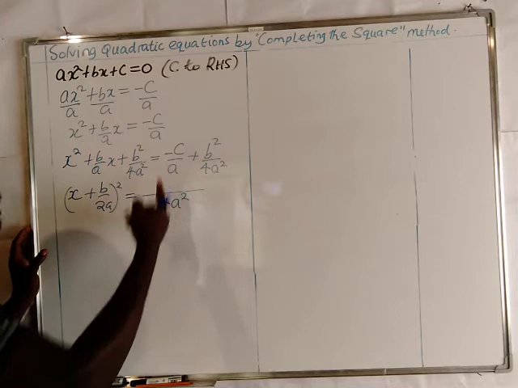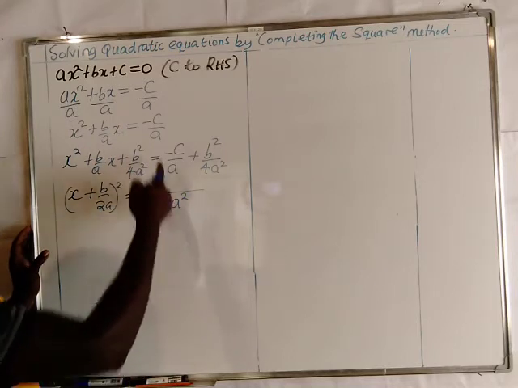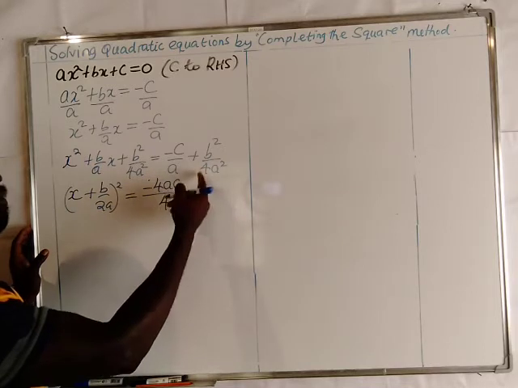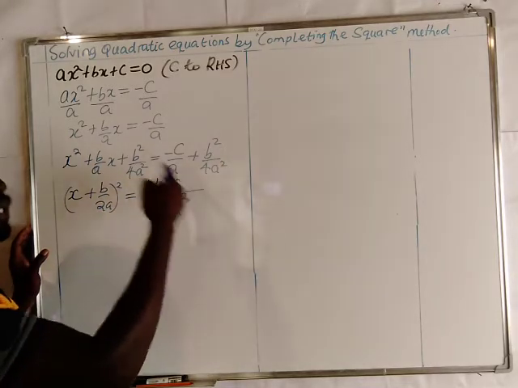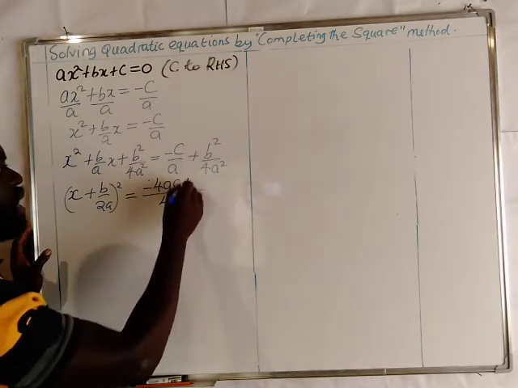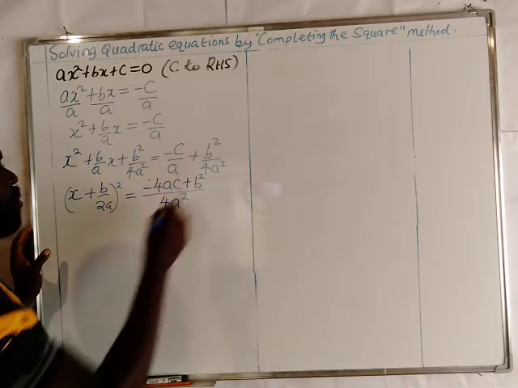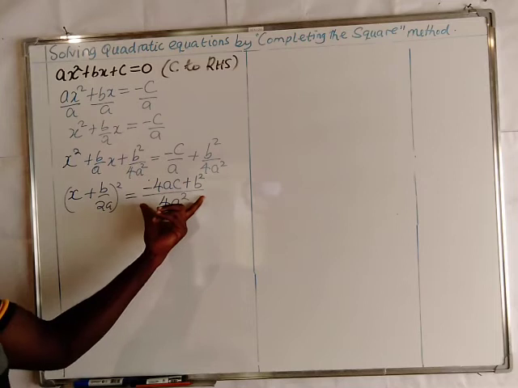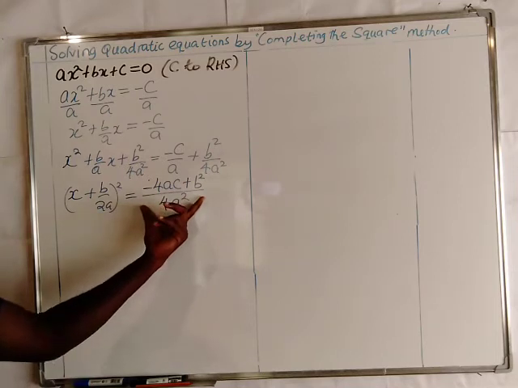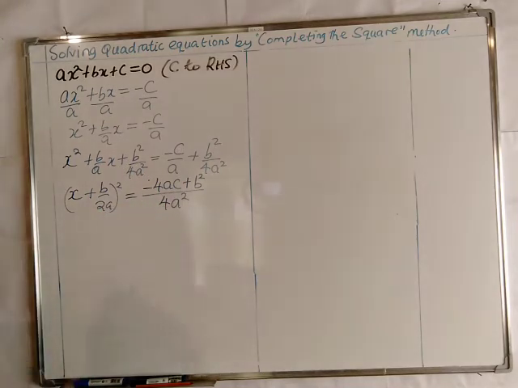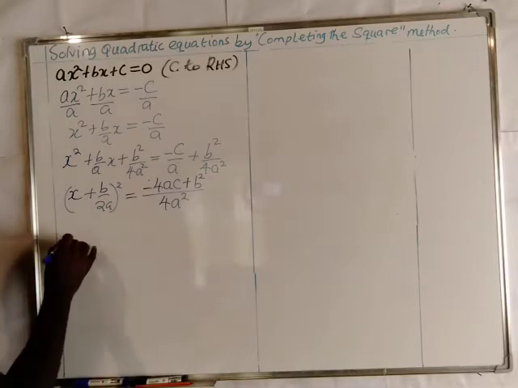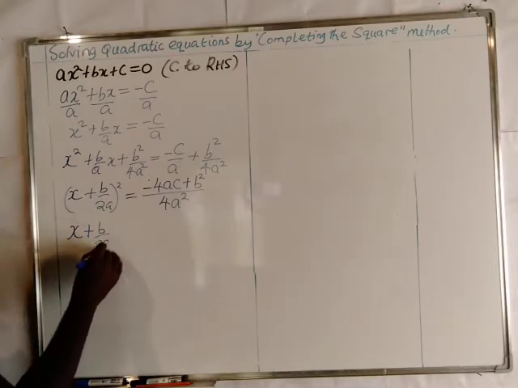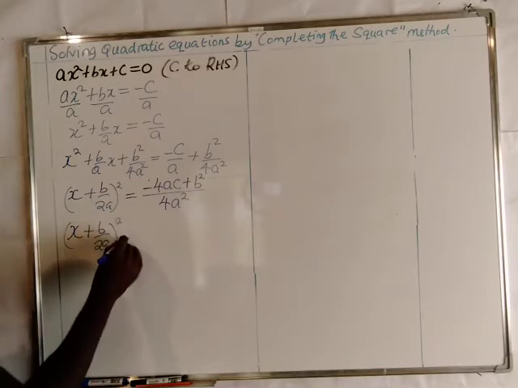We say a into 4a squared is 4a, by negative c is negative 4ac. 4a squared into 4a squared is 1, by b squared. We have b squared. So we have expressed the right hand side as a single fraction, and also we have factorized the left hand side. So we go on, we say x plus b over 2a, the two roots.